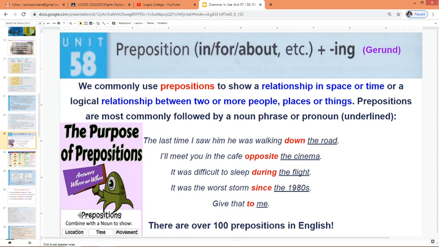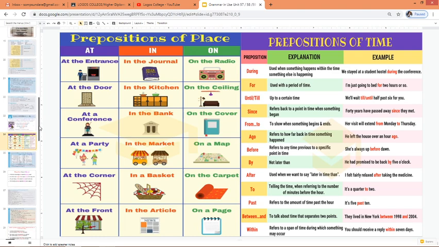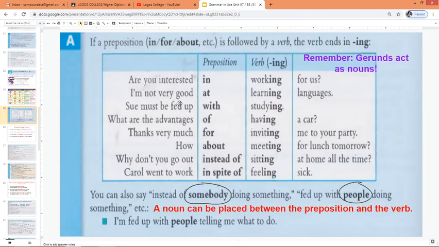Prepositions, you combine them with a noun, it shows location, time, movement. There's prepositions of place. I'm sure you've learned these before. At, in, on. There's prepositions of time, during, since, ago, past, within, after, to. There's many, many prepositions.